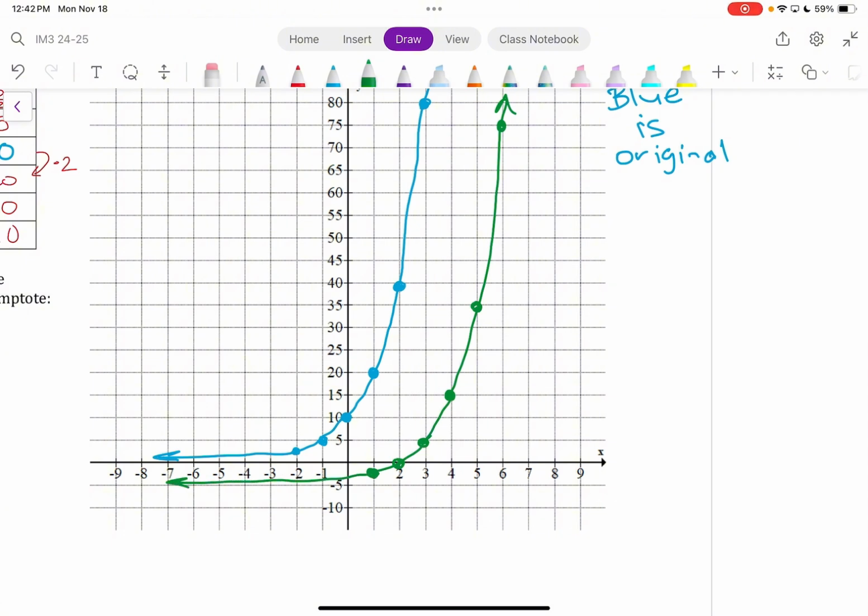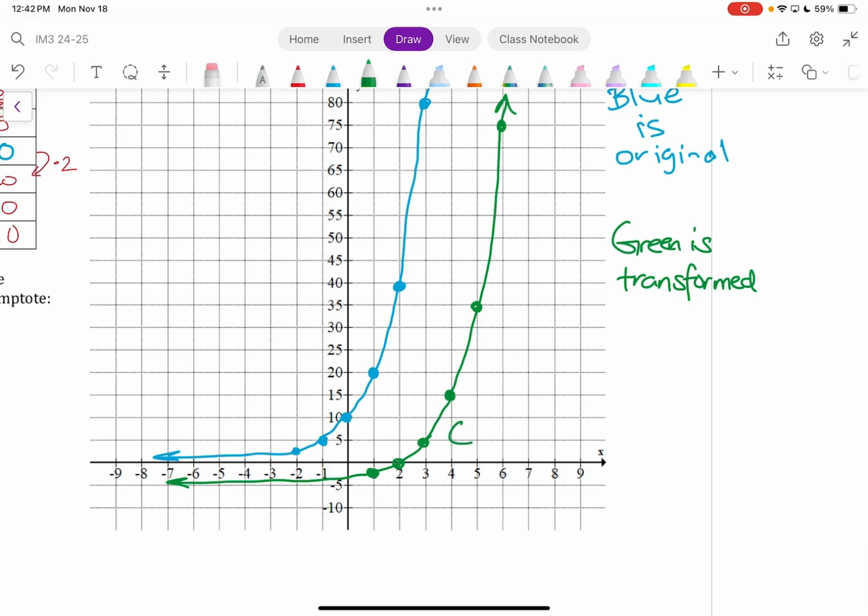Okay, so green is transformed. So the green graph is the transformation, where everything is shifted 3 units to the right and 5 units down.